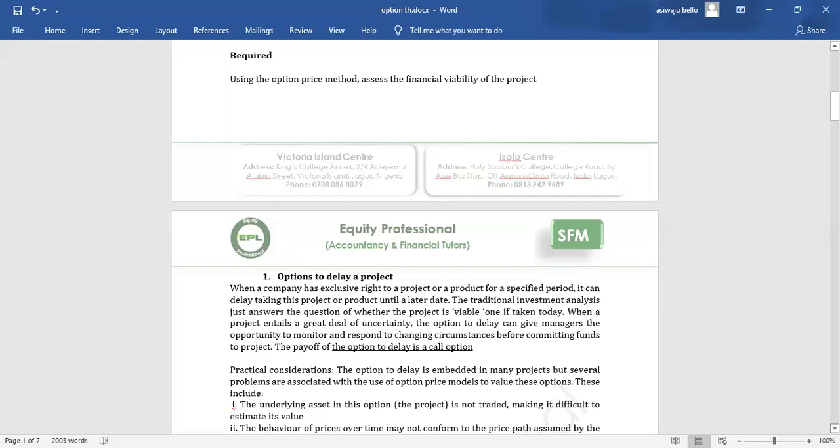This will be possible if the company has exclusive rights to that project. With exclusive rights, no other companies can undertake the project within the specified period. This is the concept of option to delay.